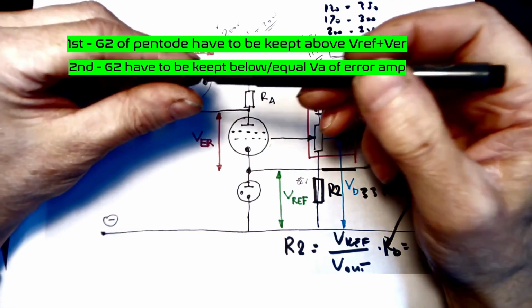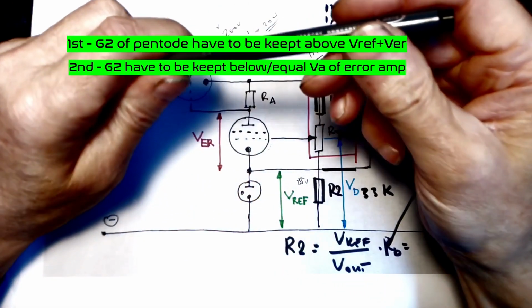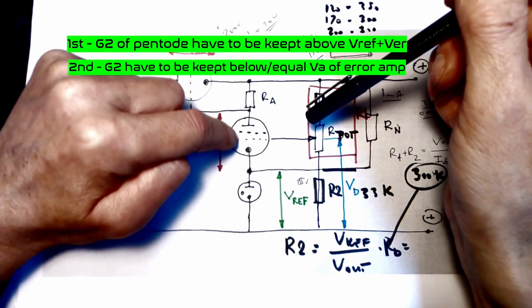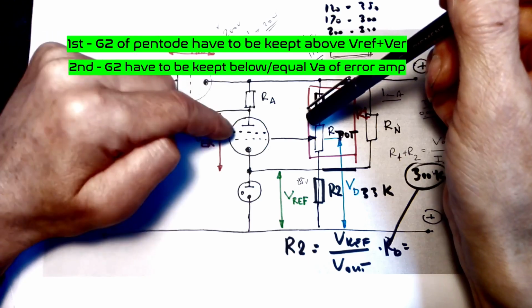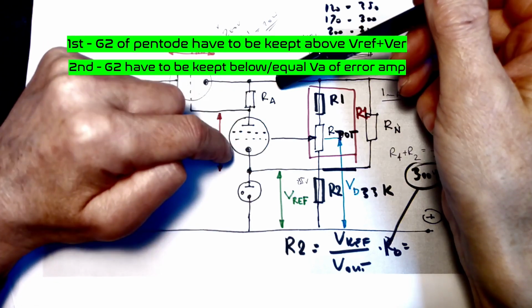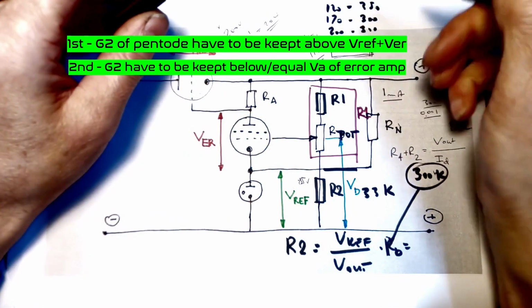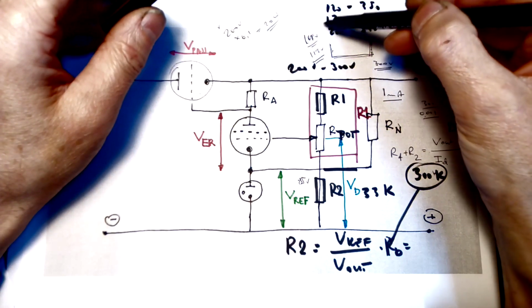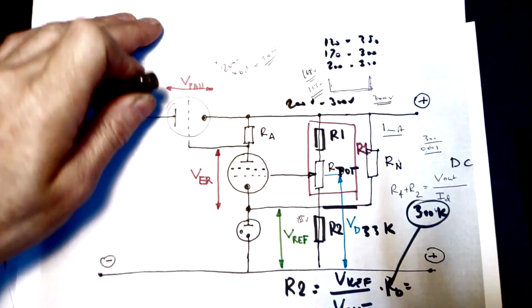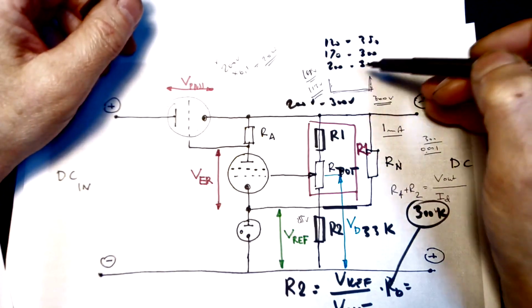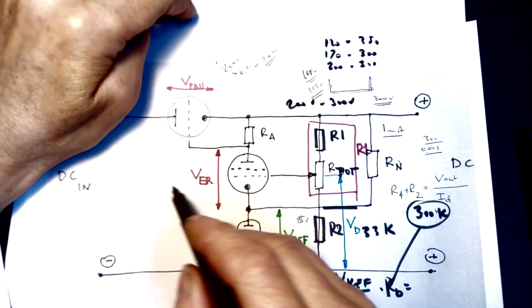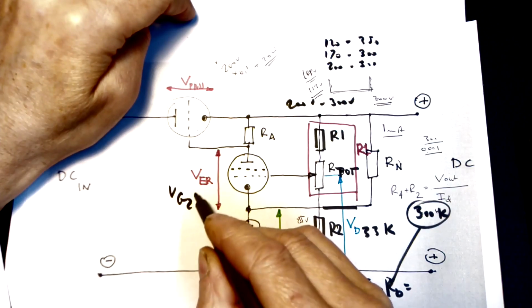We have to remember that we have to keep the second grid of the voltage pentode in the voltage error amplifier below the other voltage. So when we're talking about these lower ranges, VG2 should be around 100 volts.